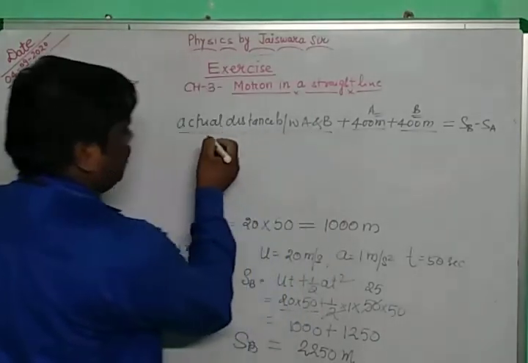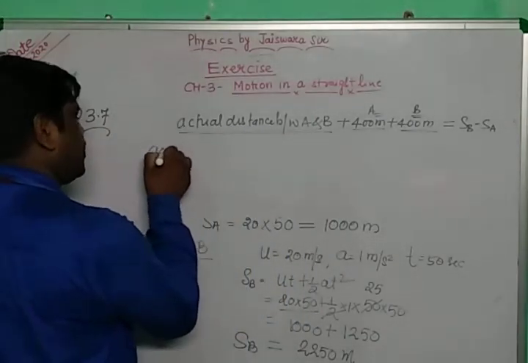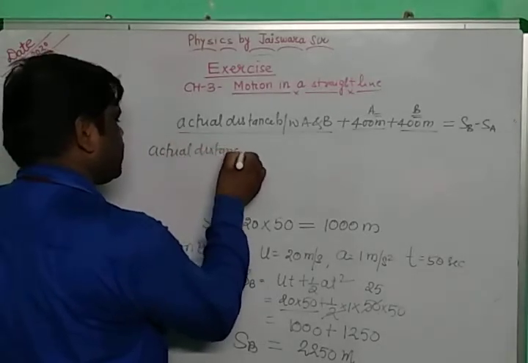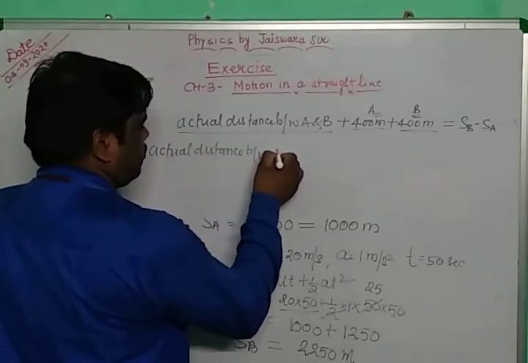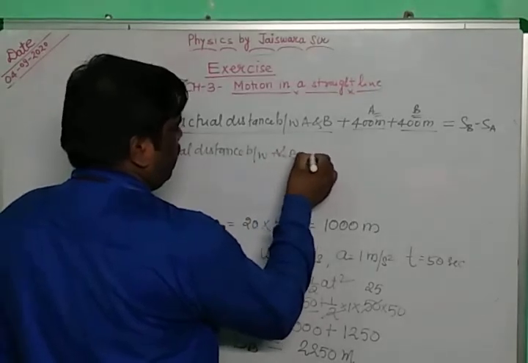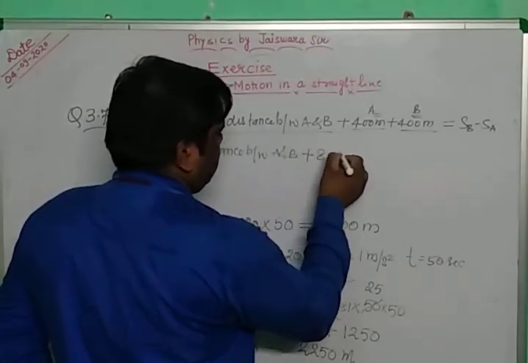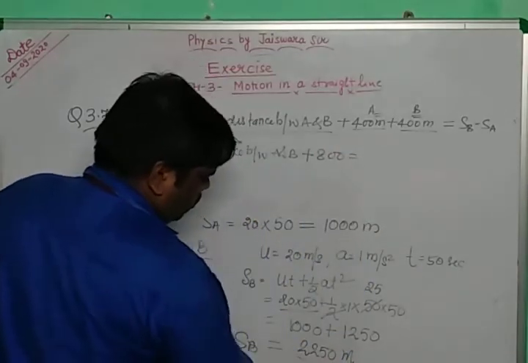The actual distance between A and B will be plus 800.